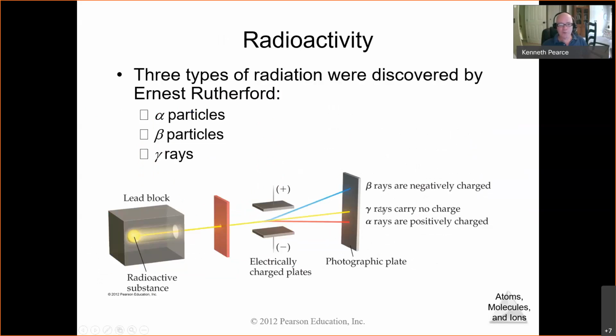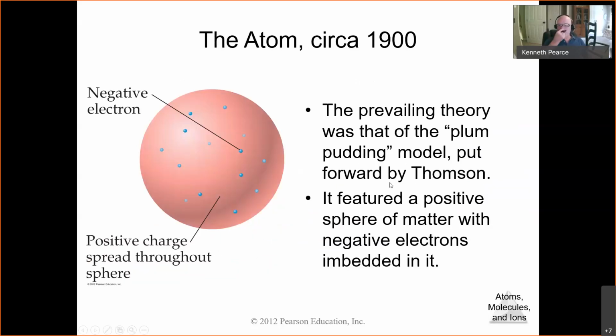And so because we have these positive and negative particles, J.J. Thomson, same guy who discovered the electron, realized the importance of this plum pudding model. We already knew that atoms are electrically neutral unless you do something to them.